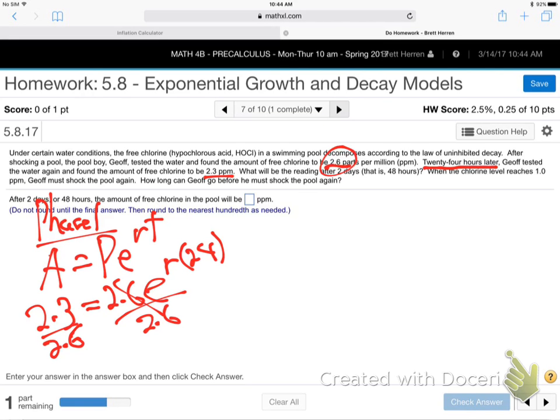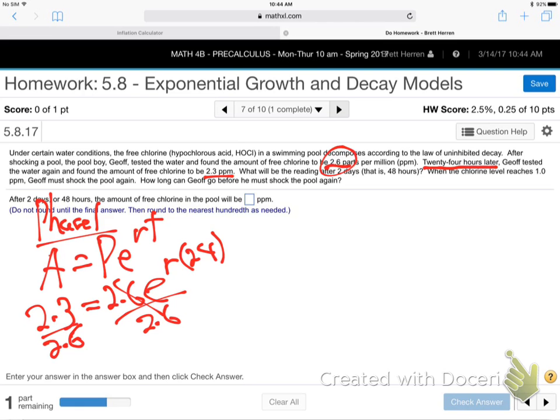Because I don't want to round in the middle of the problem. Does the decimal go forever? Some say yes, some say no. 2.3 divided by 2.6? Not forever, but 0.88461538. It just goes on. So we don't want to do that.